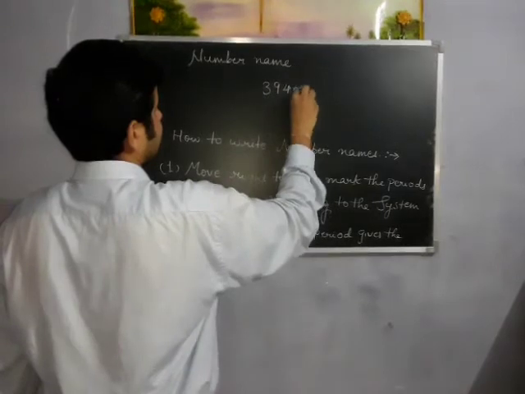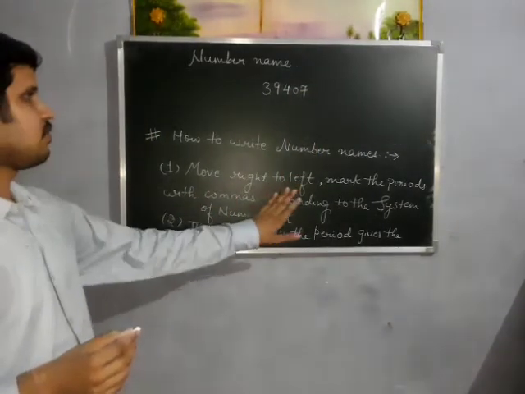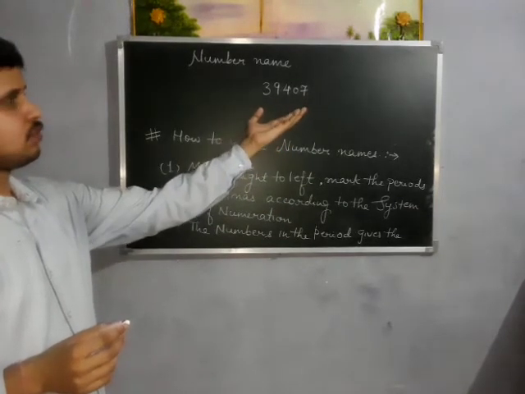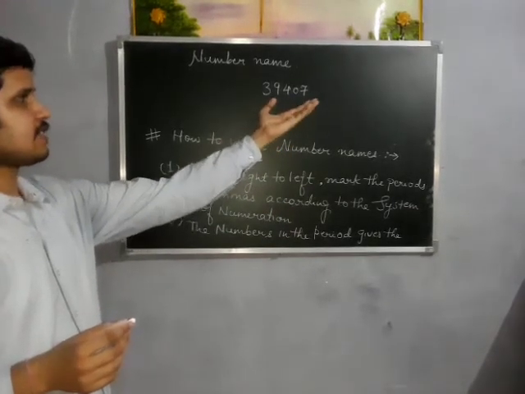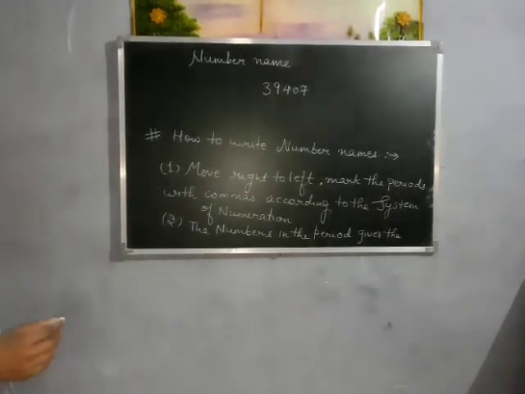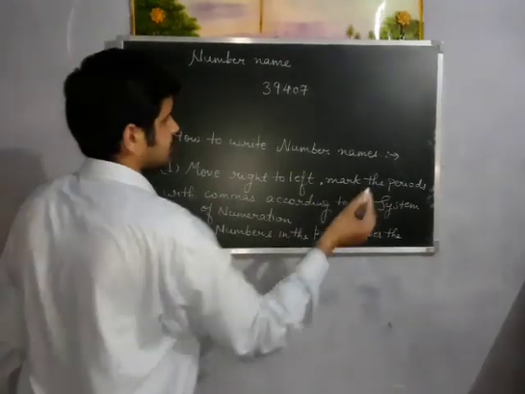Now I am writing the number 39407. In the first step, it is written as move right to left. So we will move from 7 to 3, and we will mark the periods.